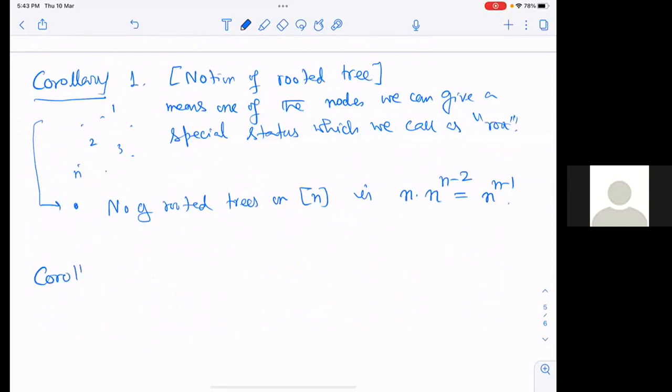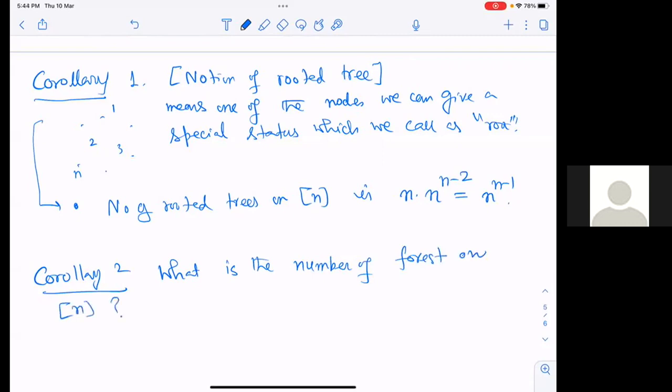Corollary 2. What is the number of forests? We can use generating functions.